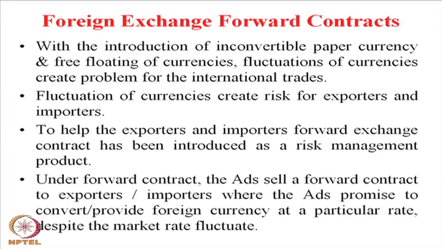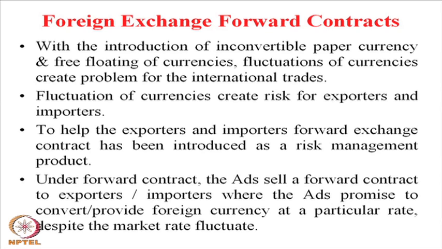As I mentioned, with the introduction of the inconvertible paper currency standard and free floating foreign currency, the fluctuation of currency creates problems for international trade. As we discussed in earlier sessions, after the Second World War many countries got their independence and started their own paper currency standard.